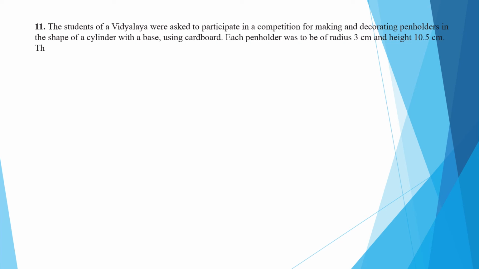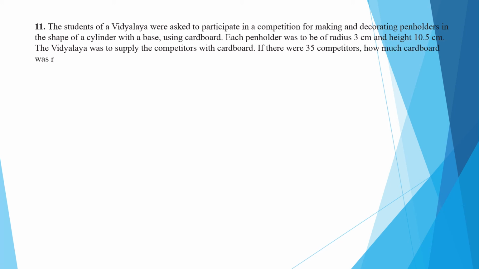Each pen holder was of radius 3 cm and height 10.5 cm. The Vidyalaya was to supply the competitors with cardboard. If there were 35 competitors, how much cardboard was required to be bought for the competitors?